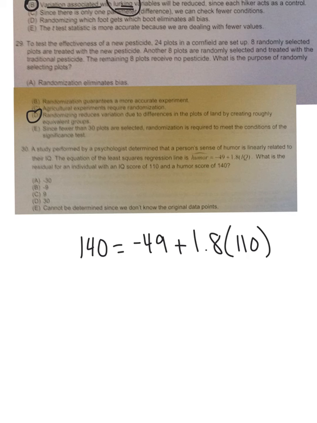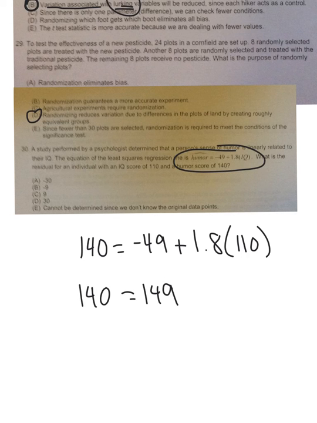For number 30, we're going to plug these in. Our humor score is 140. That should go right there. And we're going to plug in 110 for our IQ. Now this side should equal that side, and we're going to see how far off we are when we plug these numbers in. That is what a residual is. When you calculate this, plugging those numbers into this formula, we get 140 over here and 149 over here.